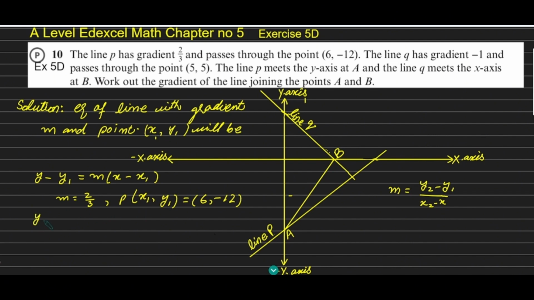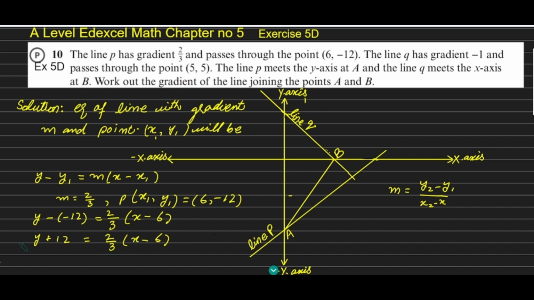We get y minus y1, which is minus 12, equal to the slope m, 2 by 3, into x minus x1, which is 6. So y plus 12 equals 2 by 3 into x minus 6.